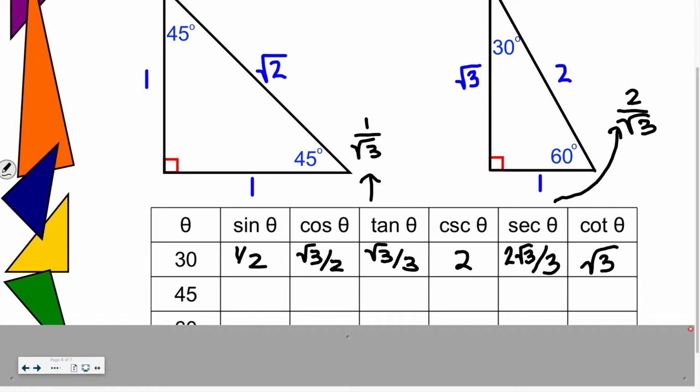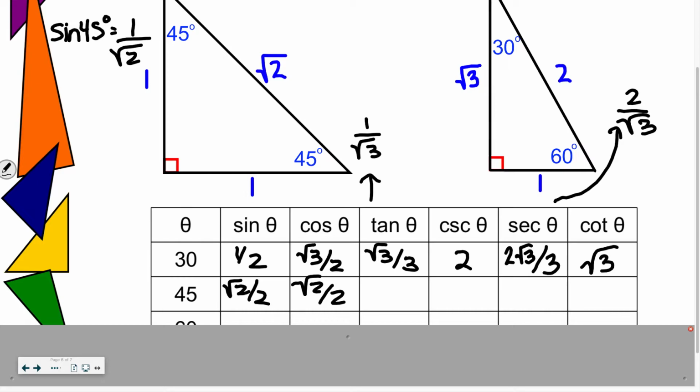And you can make a table for 45. For the sine and cosine of the 45, so like if I did sine of 45 degrees, that's 1 over the square root of 2. But I have to rationalize it, so it's going to be square root 2 over 2. Same for cosine, square root 2 over 2.